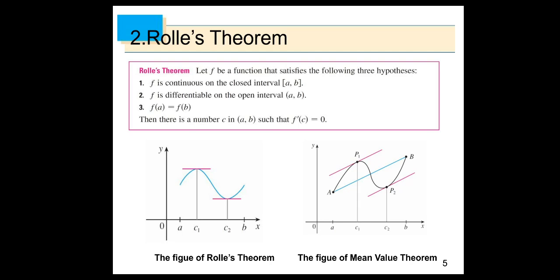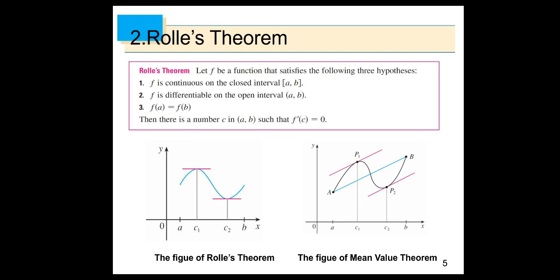So if these three assumptions are satisfied, then Rolle's theorem holds. If there is any point of discontinuity, the function is not going to be differentiable at that point. If the function is not continuous, we will not be able to differentiate it.